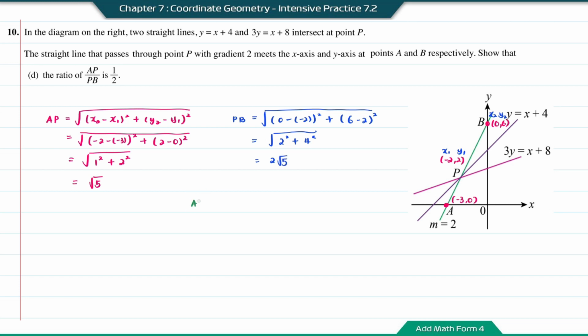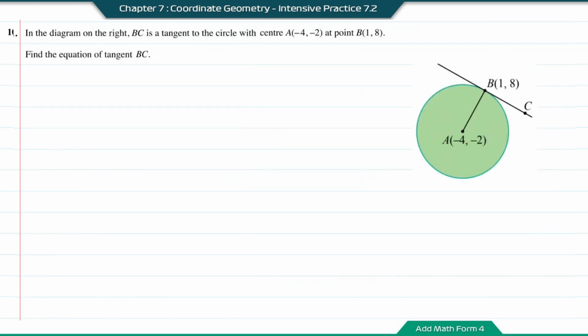When we take the length of AP divided by the length of PB, this will be square root 5 divided by 2 square root 5. The square root 5 will be cancelled, so what is left is the number 1. Therefore, AP to PB is equal to 1 over 2. Then we have already shown the ratio.